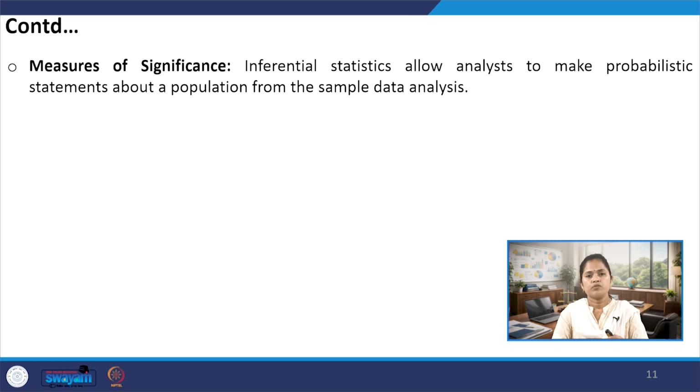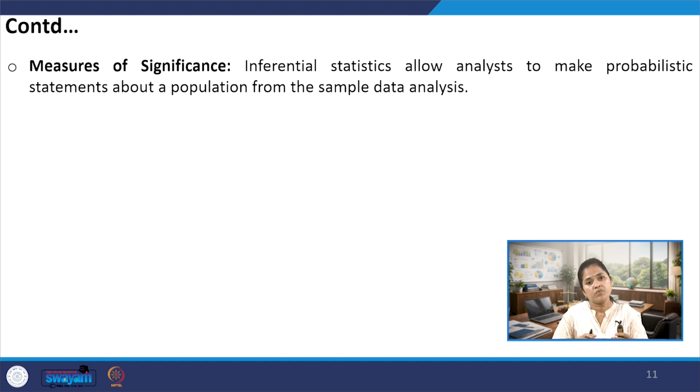As I told you, there could be statistical analysis in the form of descriptive statistics and inferential statistics as well. The second part, inferential statistics, allows the policy analyst to make probabilistic statements about a population from the sample analysis.